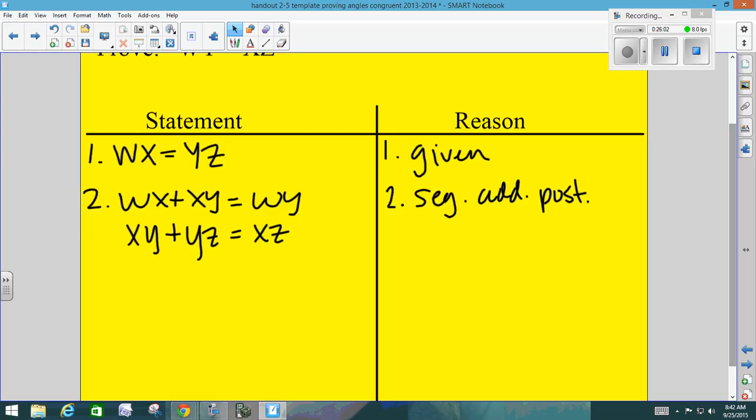It takes a second with all those segments. If I'm not thinking what you're thinking, stop me. WX is the same as YZ, so we could throw them there, right? Because WX and YZ are the same, they equal out on the sides.